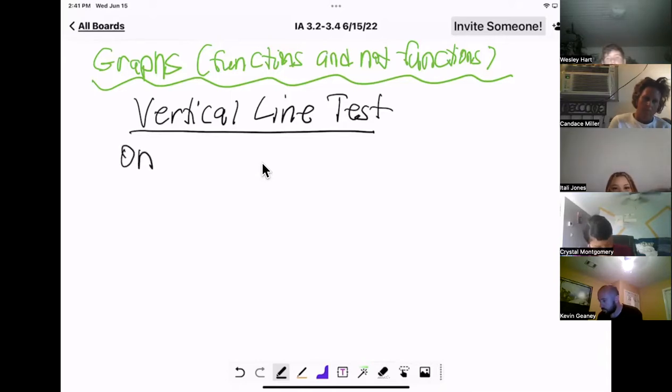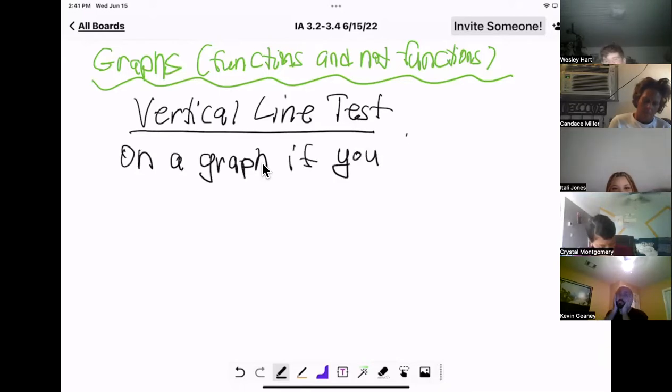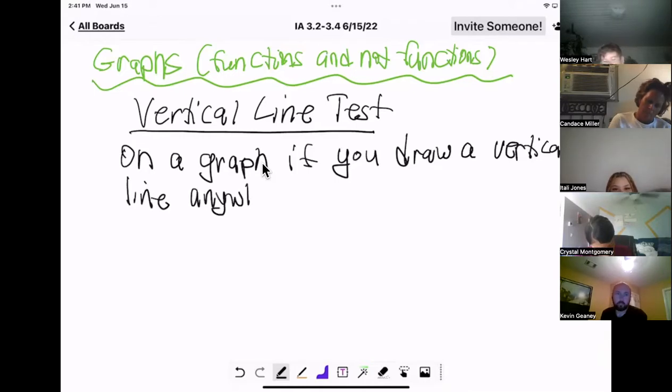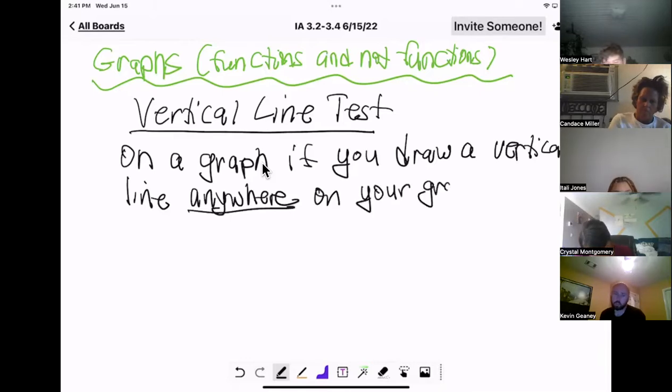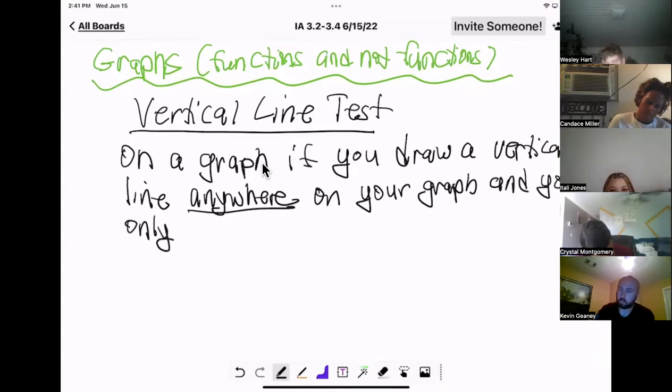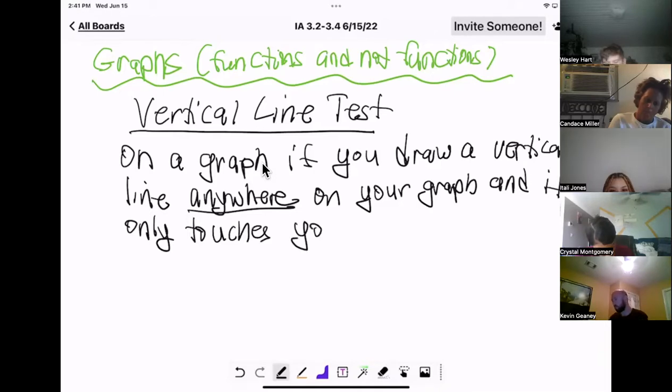So on a graph, if you draw a vertical line anywhere on your graph, and it only touches your graph once, you only pass your graph once, it's a function.